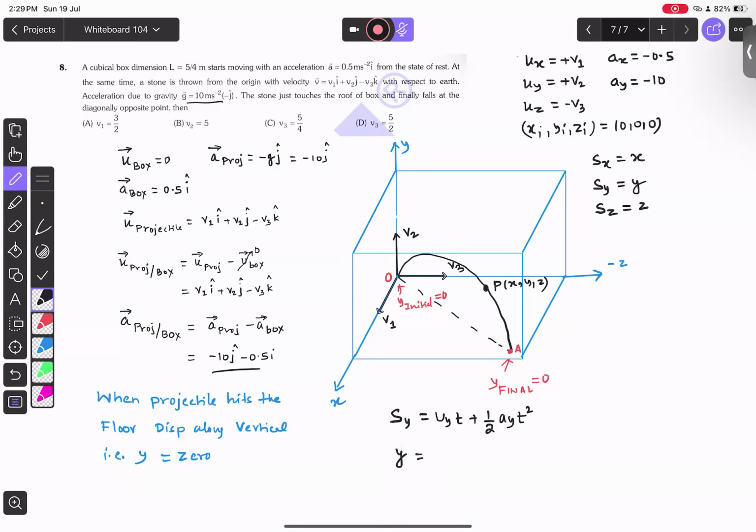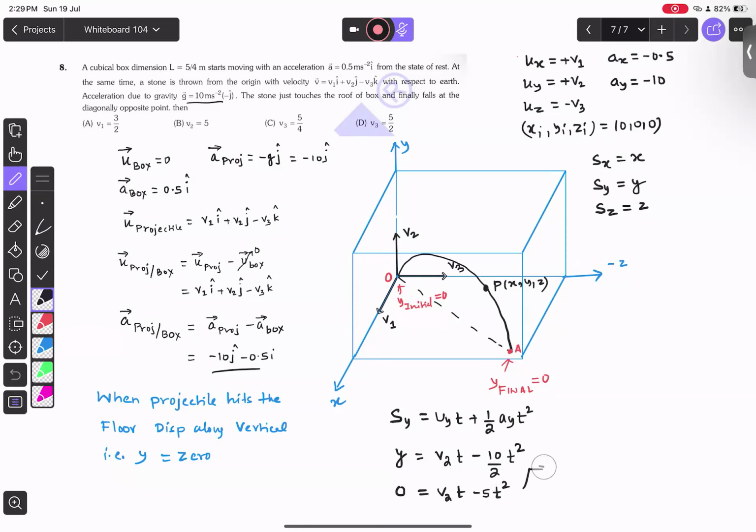So y equals uy t, which is v2 t, and ay is minus 10, so minus 10 by 2 into t square. Totally, we can find out when it is going to hit the ground, y will be 0. So v2 t minus 5 t square.